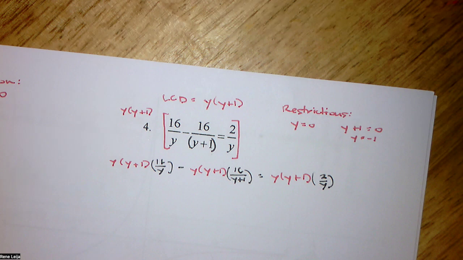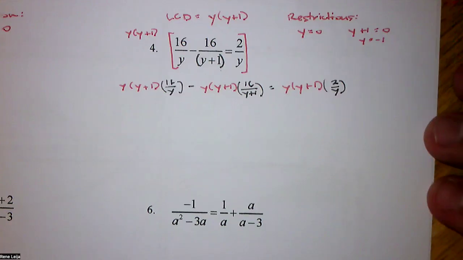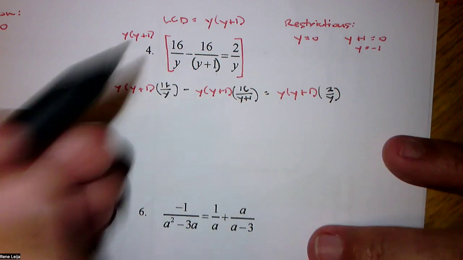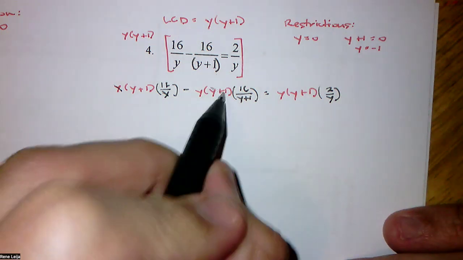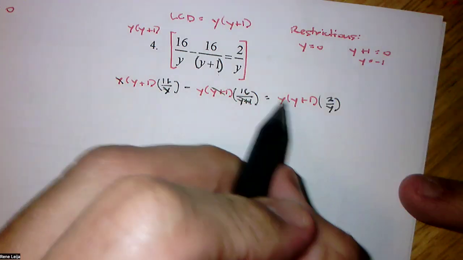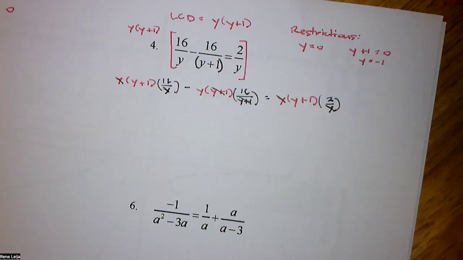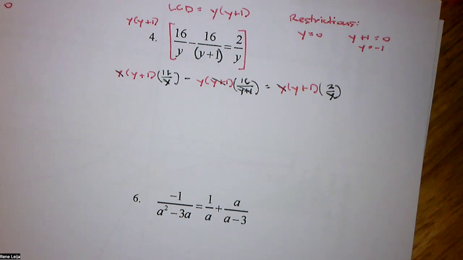Now, if we've done this right, our denominator should kick out with one of the terms in our LCD. So here, the y's are gone. Here, the y plus 1s are gone. And for this last term, the y's are gone.